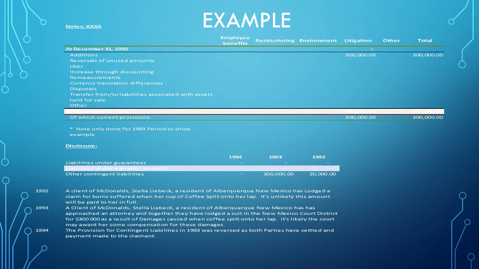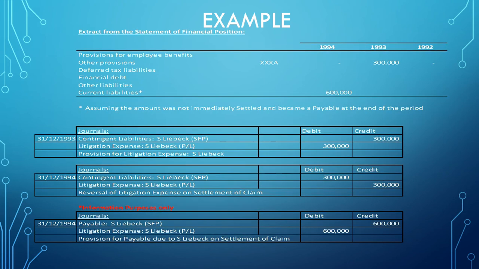And if we look at our notes to our financial statements, we have litigations, 300,000, in addition to the current financial year, and we have another disclosure note discussing what this is about, but we're not including the 20,000 from last year. We also now see that we've got a journal entry here. We've got contingent liabilities, Ms. Lebeck, in our statement of financial position, our balance sheet, for 300,000 credit, and we've got a litigation expense in our profit and loss for 300,000.